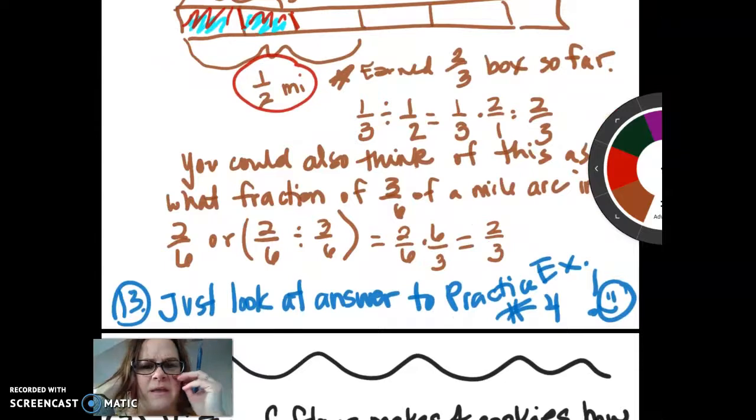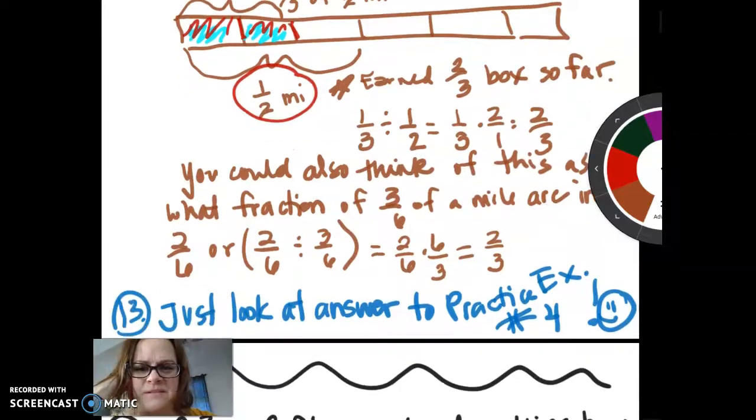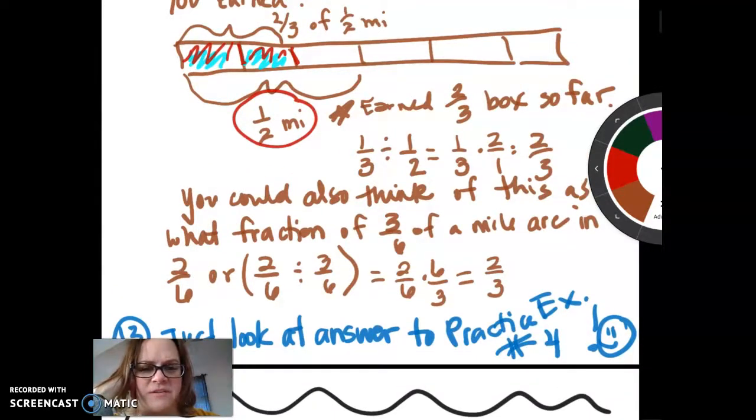You could also think of this as what fraction of 3/6, because I partition it into sixths. So you could think of it as what fraction of 3/6 of a mile is in 2/6, or in other words, that would be 2/6 divided by 3/6. And of course, you're still going to get the same answer of 2/3.